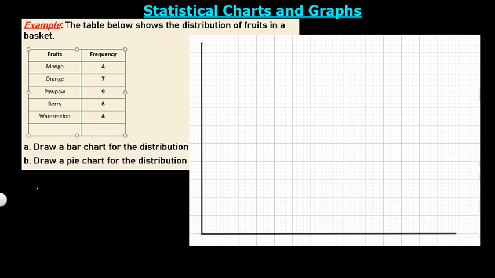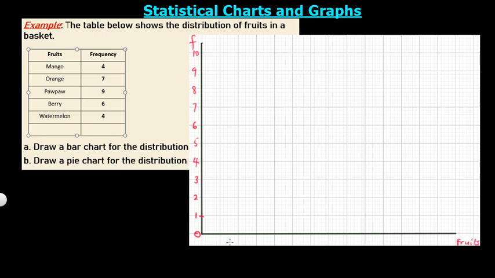So in this situation, we may decide to say this one starting from here 0, 1, 2, 3, 4, 5, 6, 7, 8, 9, 10. So this is the frequency region, and this is the event, that's the fruit we are plotting.